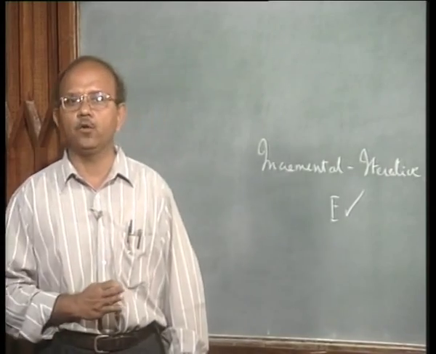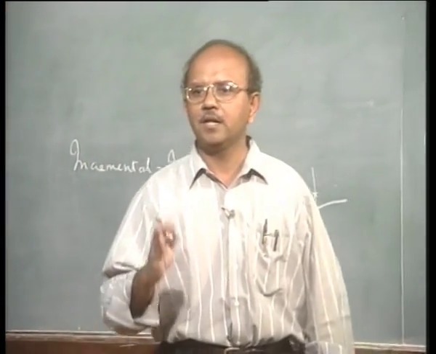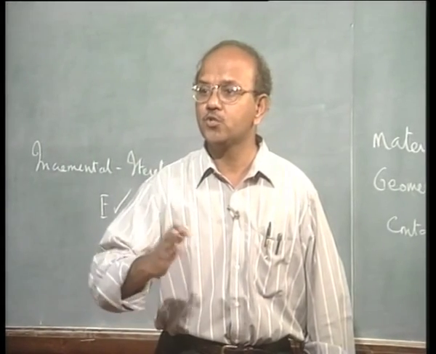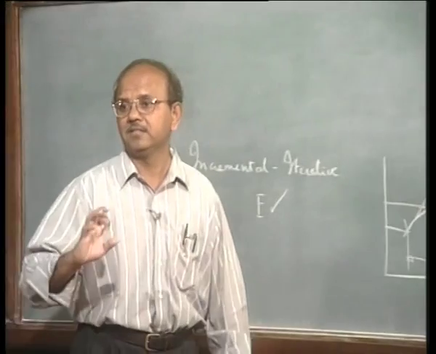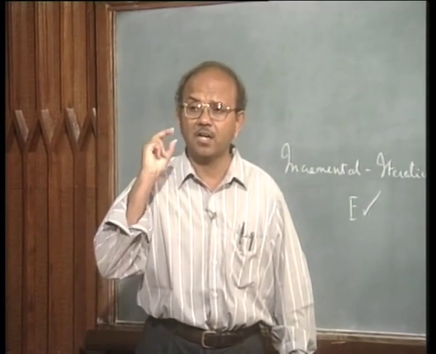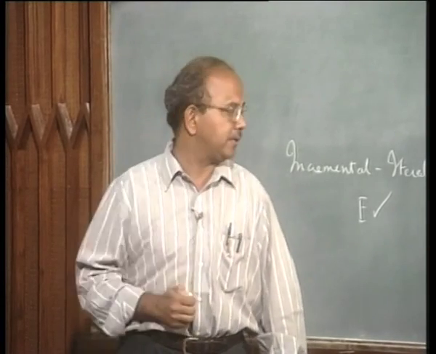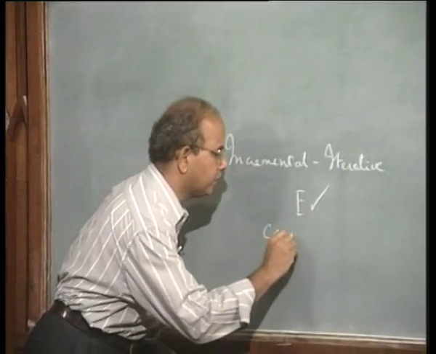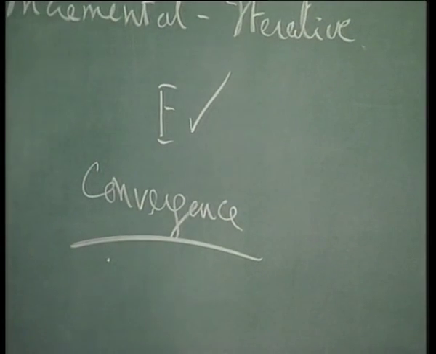So what do I mean by equilibrium? I mean to say that the internal forces and the external forces should equilibrate, and then only I say that there is no error, or in other words I say that there is convergence of result. So note the term convergence.